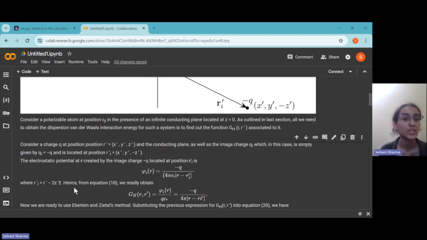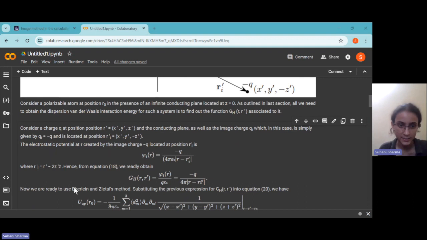So hence from equation 18, we are going to find the GH function with this equation. Because we have found this, the GH function is pi I of r divided by q epsilon naught, which is very easy to solve. We get minus q by 4 pi times the magnitude of r minus r I dash.